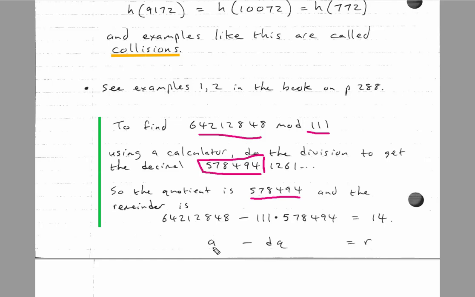Usually a is equal to dq plus r, so we're just subtracting the dq from both sides to find the r. That's how you can work out remainders for these bigger numbers. Check that you get 14.